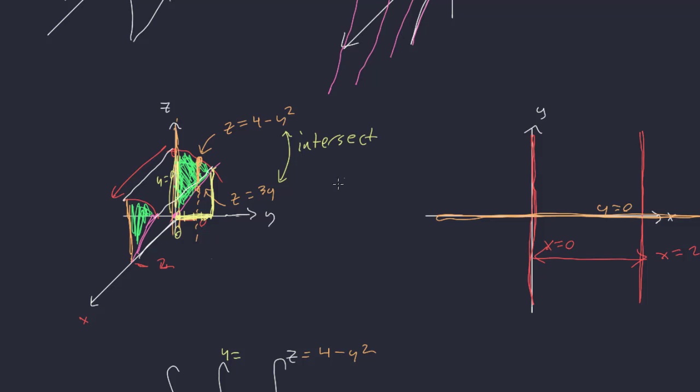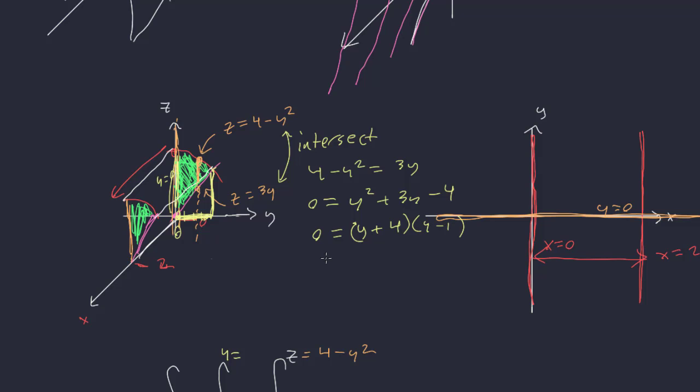Okay, so we'll set them equal to one another. So we'll get 4 minus y squared is equal to 3y. Move some things around. We get 0 is equal to y squared plus 3y minus 4. And this should factor into y plus 4 times y minus 1.